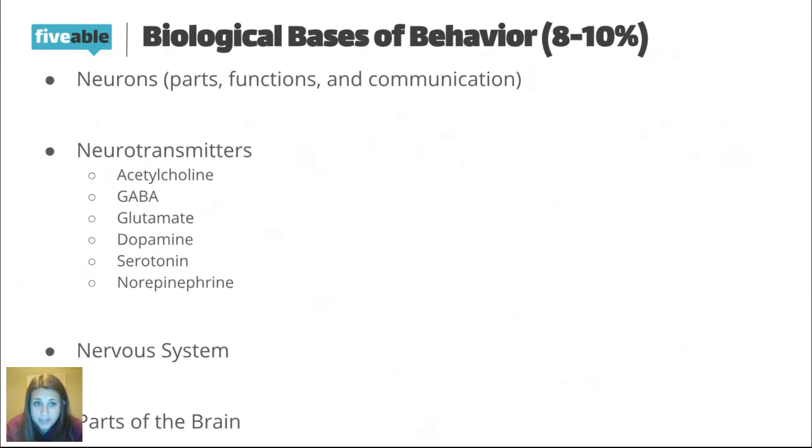You definitely need to review your neurotransmitters. And I listed the 6 main ones that you should know: acetylcholine, GABA, glutamate, dopamine, serotonin, and norepinephrine. Those are the big ones that often pop up on tests. And so for neurotransmitters, there's 2 things: knowing kind of what its basic purpose is, and then also knowing what a lack of it may do.